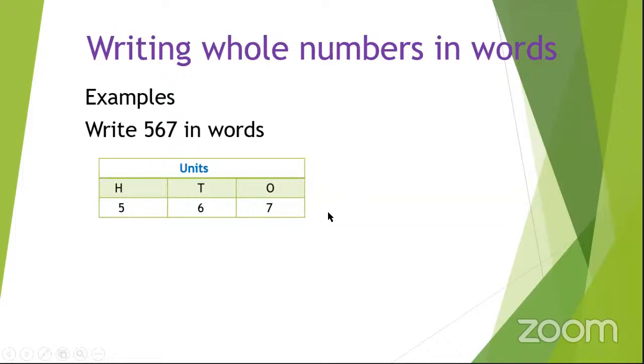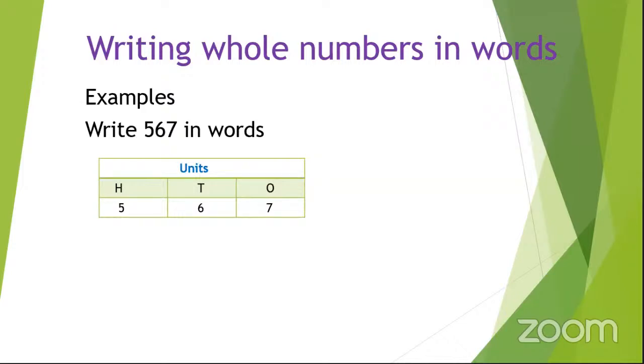When you count these digits from the right hand side, from the ones, you count 1, 2, 3. You find that they've given you only 3 digits. All those 3 digits belong to one group, because our groups comprise 3 digits.